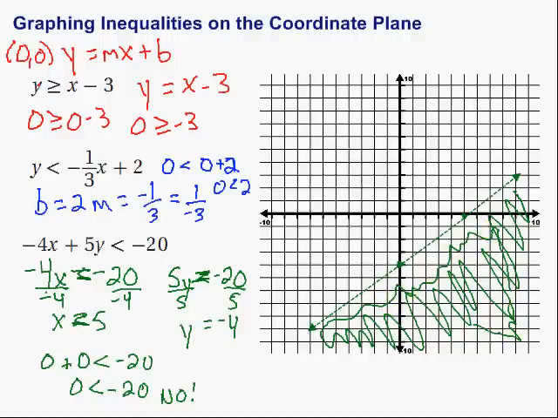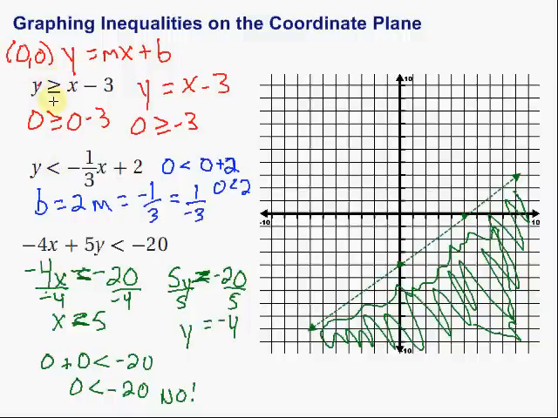Okay, again, graphing inequalities on the coordinate plane, we can start out by first graphing that boundary line, the equals form of our inequality. Then we determine if it's going to be a dashed line or a solid line based on if it's less than or equal to or greater than or equal to, then it will be solid.